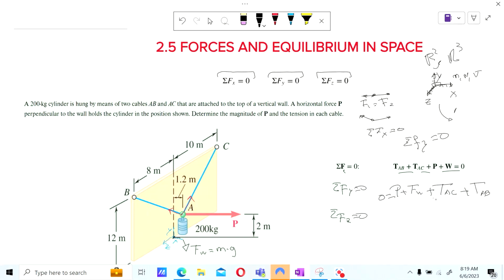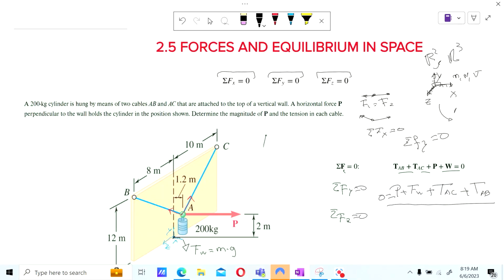All right, so one of them or many of them could be negative, but this is how you express your forces. We have to find the components in x, y, and z of those forces. This case is pretty simple because P only has components in x and the weight only has components in y, but A and B have components in x, y, and z.